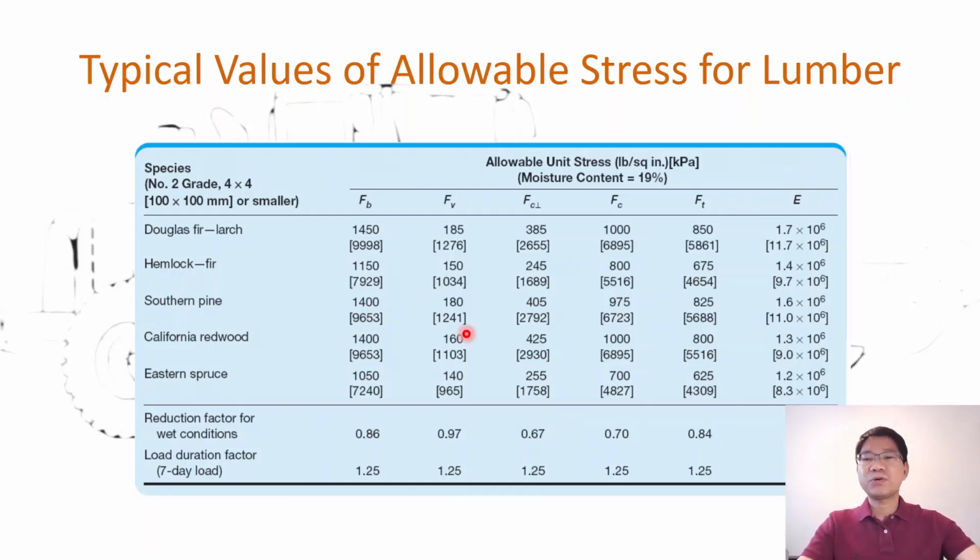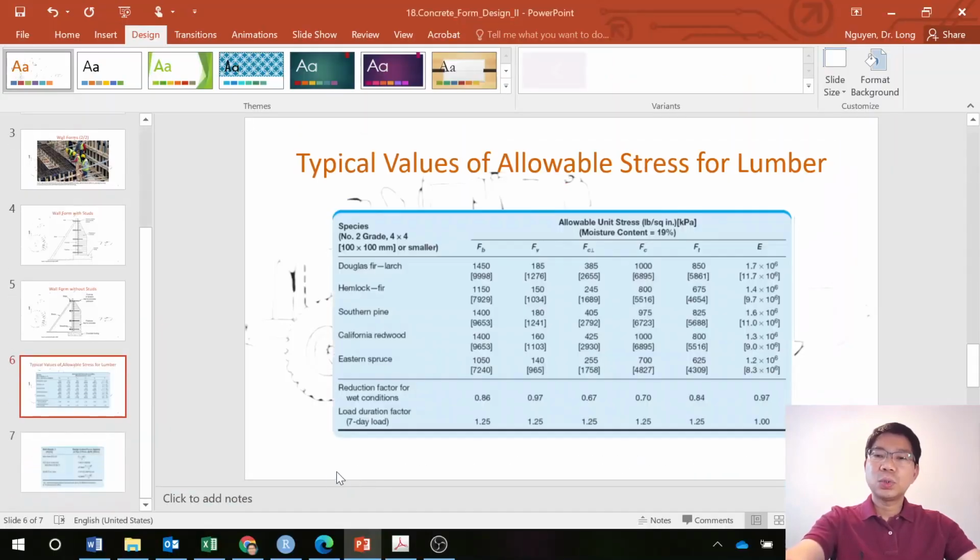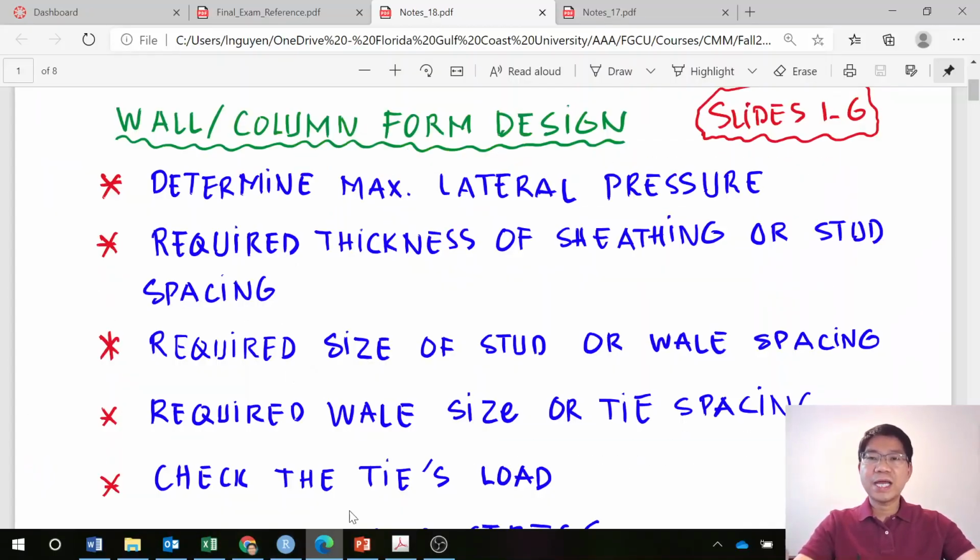And it also has the reduction factor, depending on the wet condition and how it is loaded over time. So with that, we can go back to problem 1 for today's lessons.